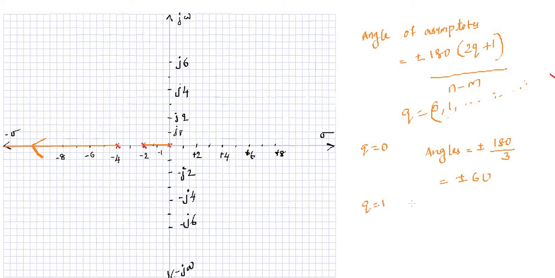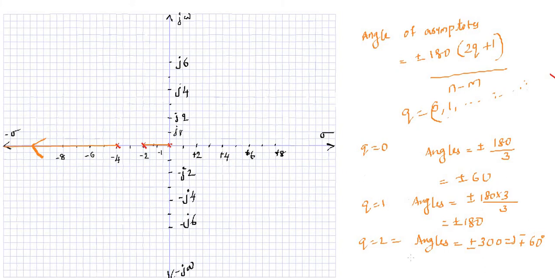If q equal to 1, the angle will be plus or minus 180 into 3 divided by 3, that is plus or minus 180 itself. Then if q is equal to 2, you will get plus or minus 300, which is equal to minus plus 60 degrees. So, these are the angles.